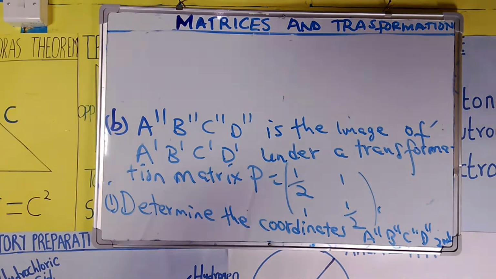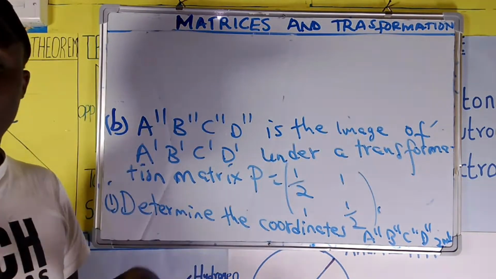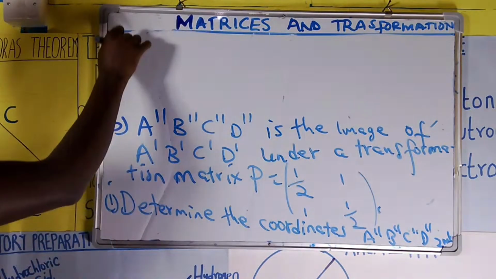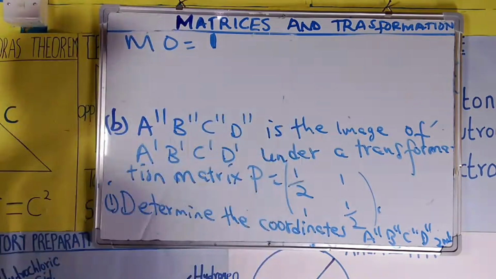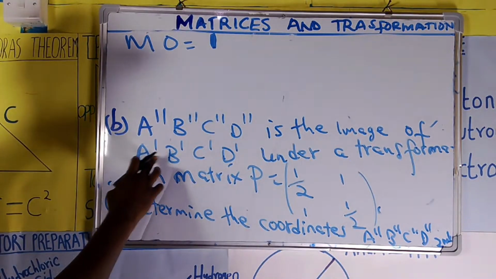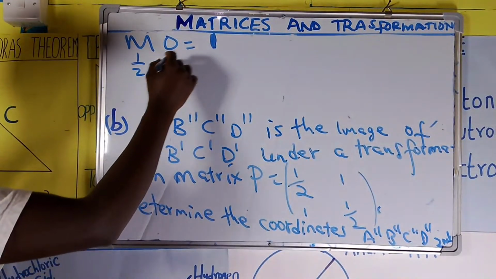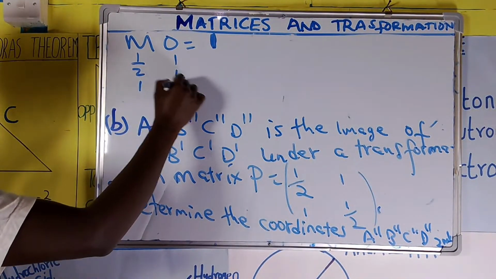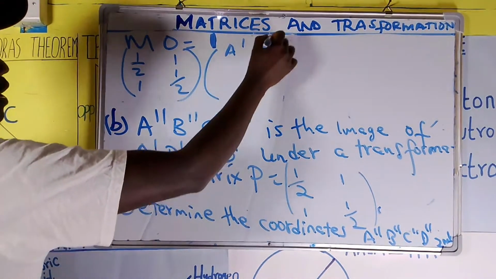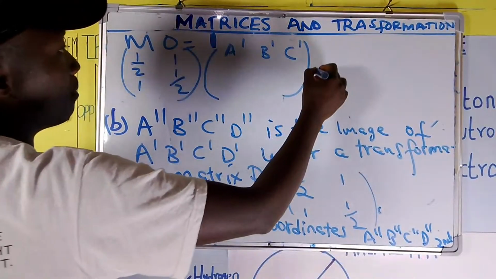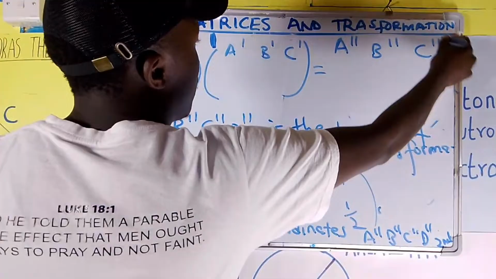Sasa tunaambiwa image ya pili ni image ya kwanza. The same concept applies. Matrix times object is equals to image. So kumaanisha the matrix, which is a half, 1, 1, a half, multiplied by the coordinates of the first image, A prime, B prime, C prime, inafaa itupatie A double prime, B double prime, C double prime.